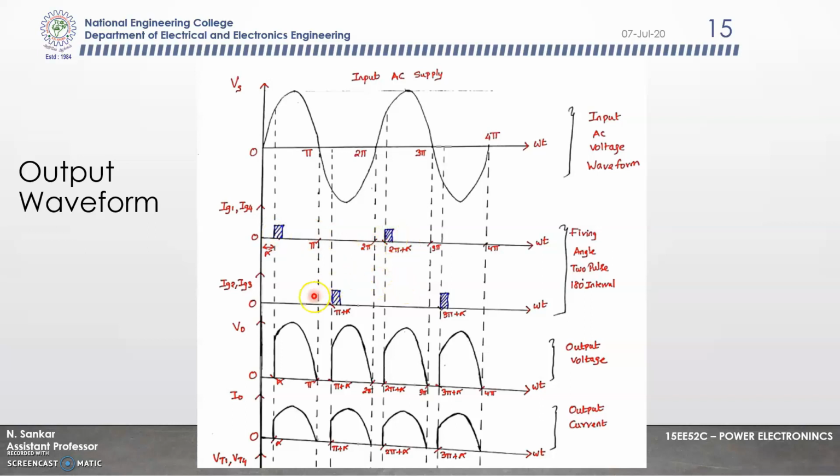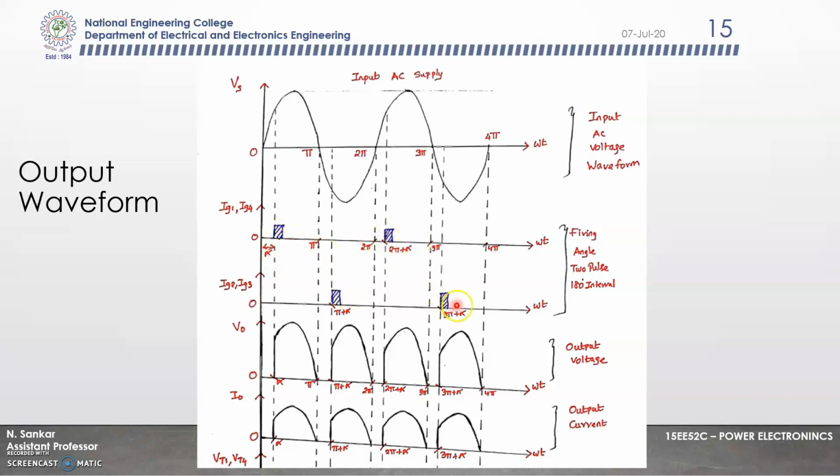Similarly, this one is for triggering thyristors 2 and 3. Ig1 and Ig4 are triggered at the angle alpha, and Ig2 and Ig3 are triggered at the angle pi plus alpha. So the difference between the triggering of 1 and 4 and of 2 and 3 is 180 degrees, as you can see from the graph.